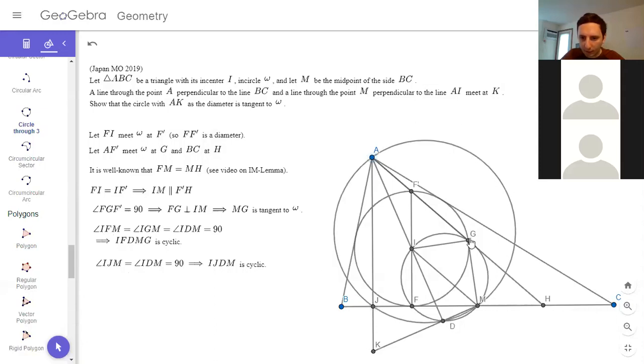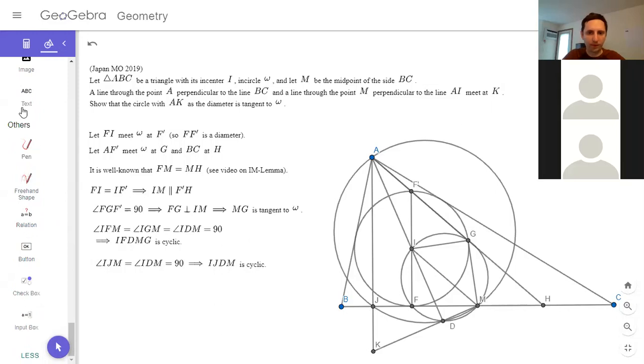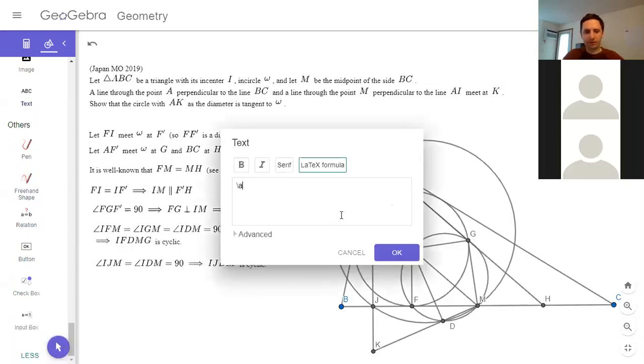And then last, we want to show AJFG is cyclic. So angle AJF is equal to angle AGF is equal to 90. So that means AJFG is cyclic. And then we can apply the radical axis theorem.